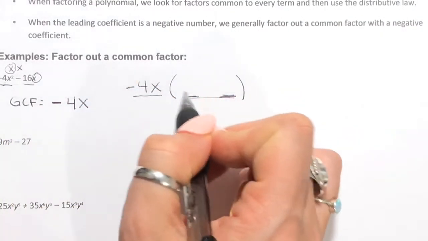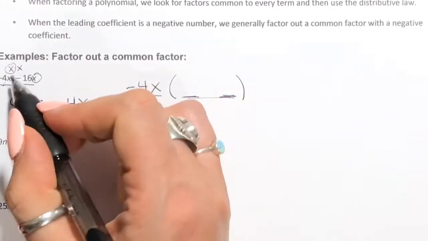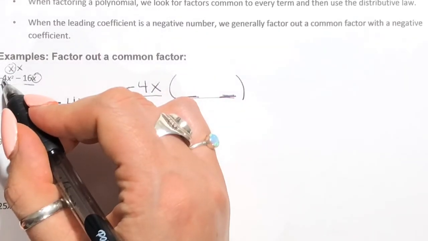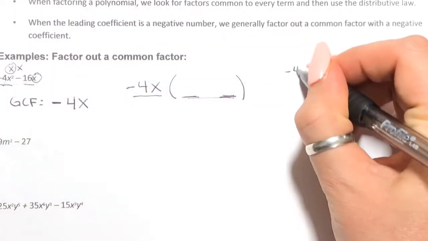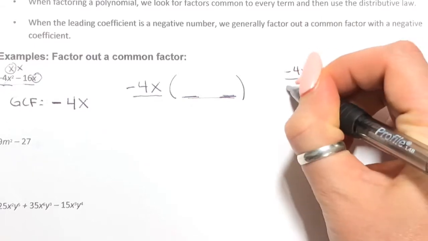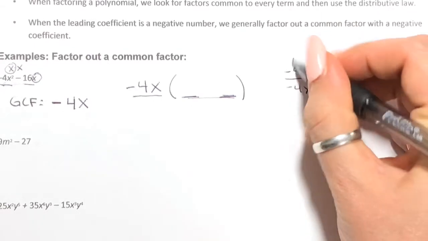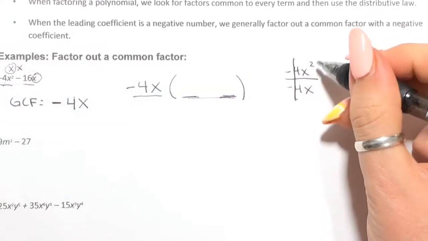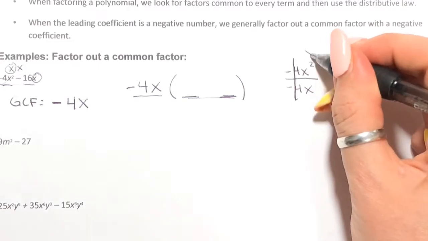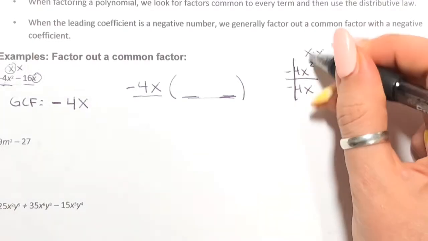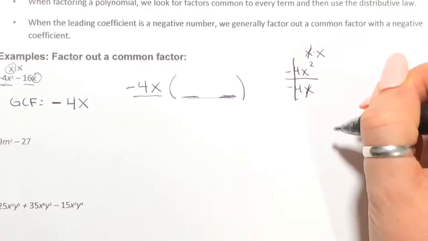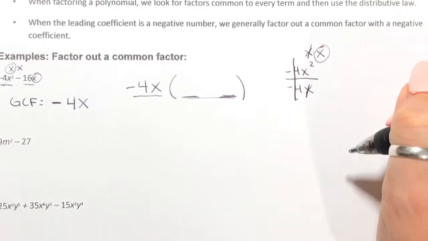What you're essentially doing is you're dividing. So if I have my negative 4x squared and I divide it by a negative 4x, well, the negative 4's cancel, and then x squared, remember that's the same as x times x, one of the x's is going to cancel. So I have 1x left over.